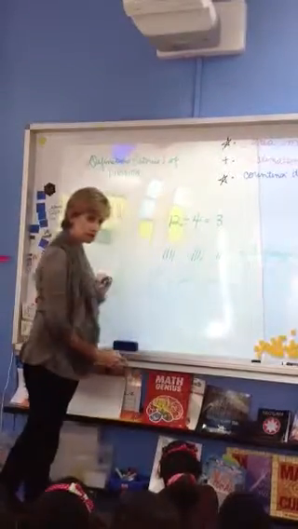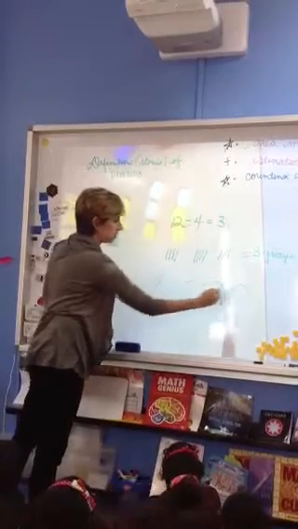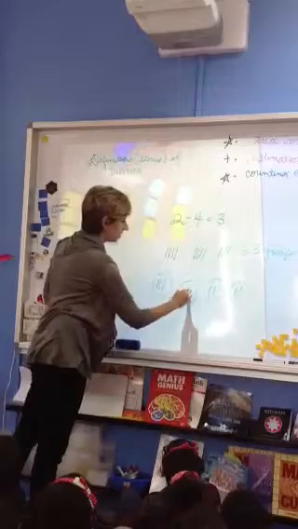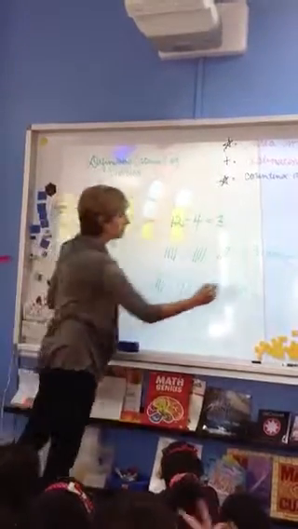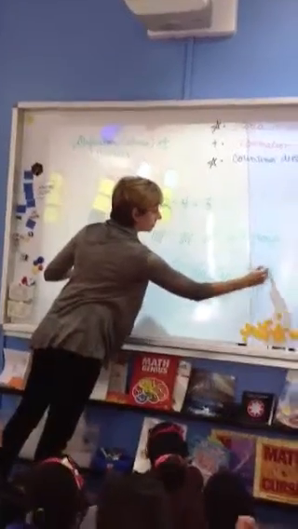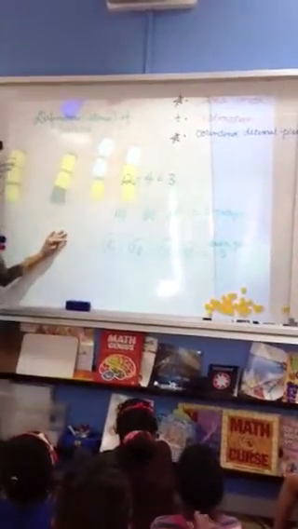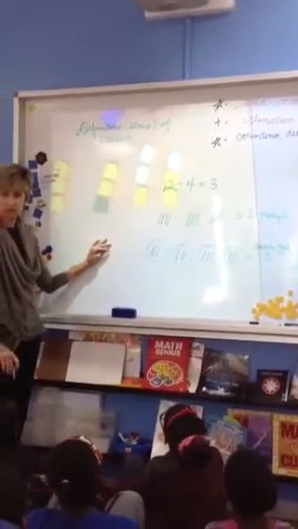In the sharing strategy, I'm going to share out 12. 1, 2, 3, 4, 5, 6, 7, 8, 9, 10, 11, 12. How many did each person get? 3. So yes, the final answer is the same, but the picture looks pretty different and the explanation is pretty different.